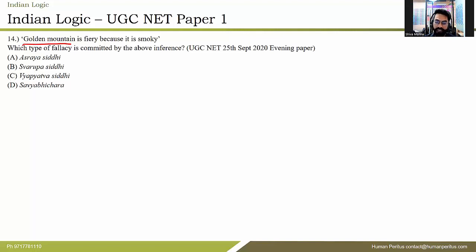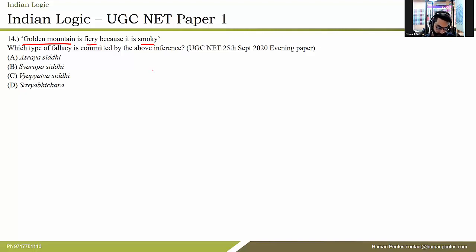So what type of statement have they given? They have given a statement in which the term is an illusion, or it's unreal. Mountains can be fiery, mountains can be smoky because of fire, but there is nothing called as golden mountain.